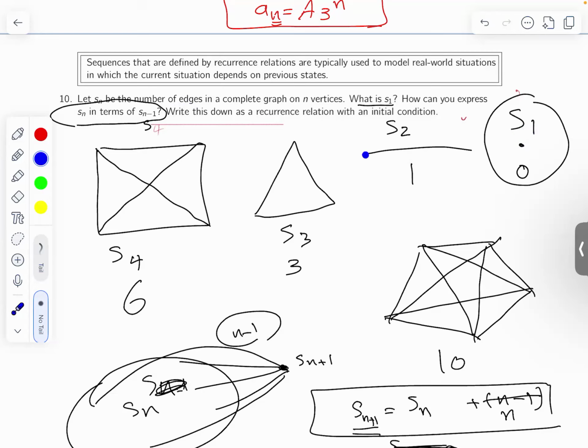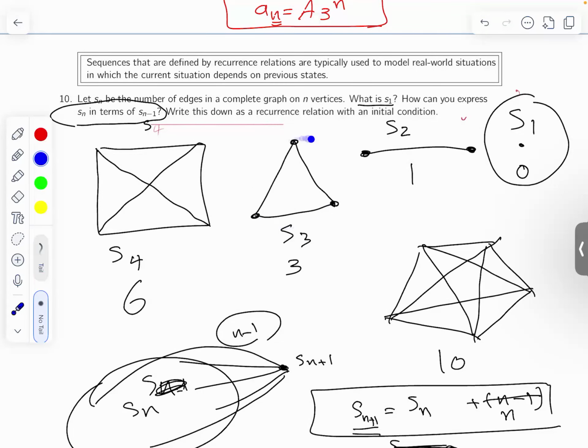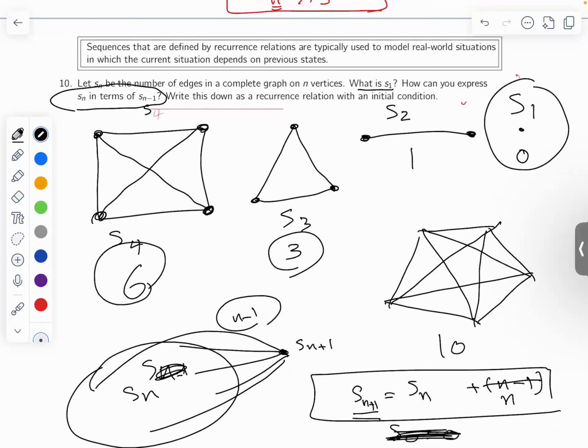S2 is just two vertices, one edge. Three vertices, four vertices, although it's not planar, but six edges, three edges with S3, S5, 10 edges.